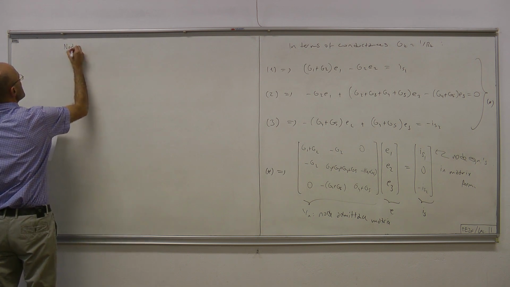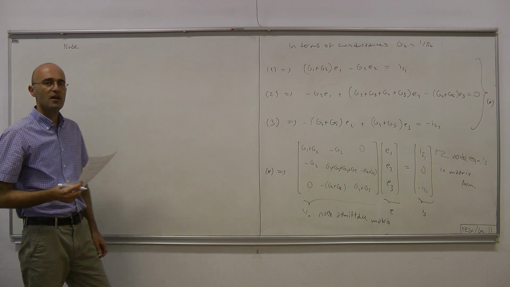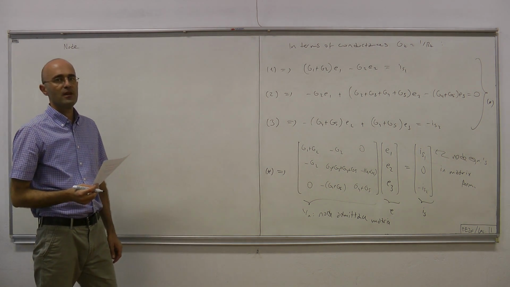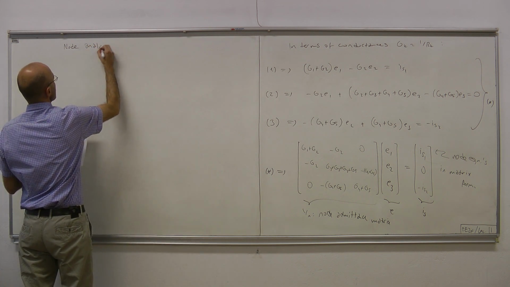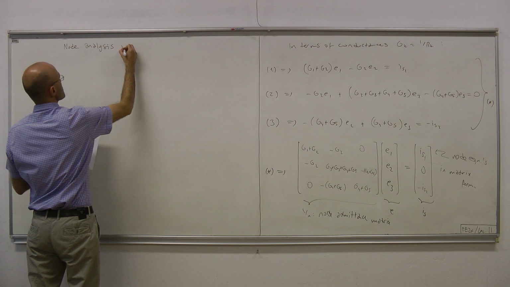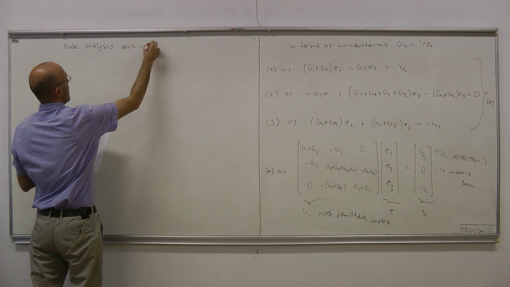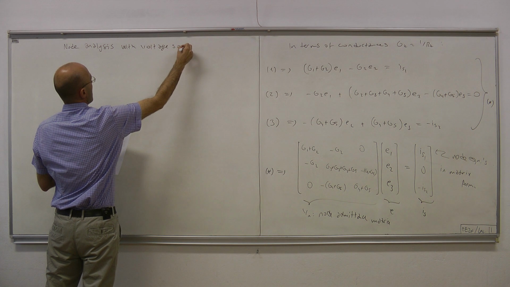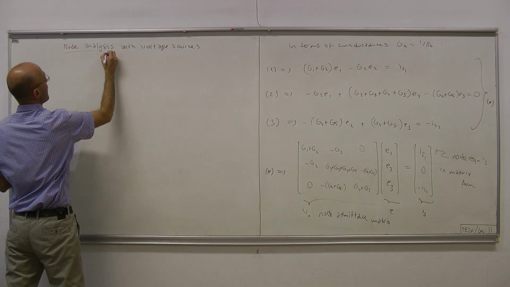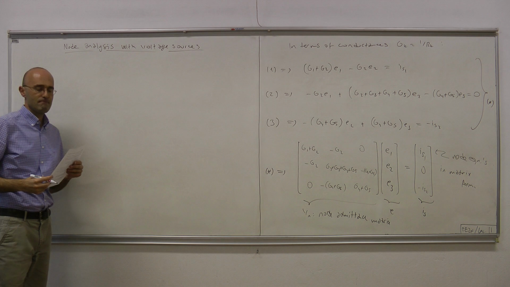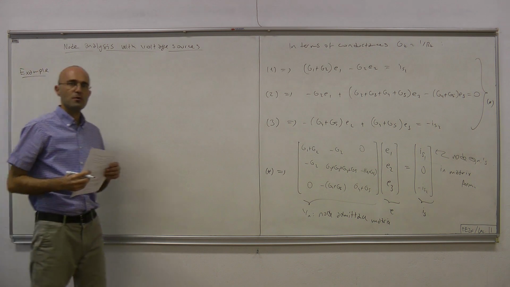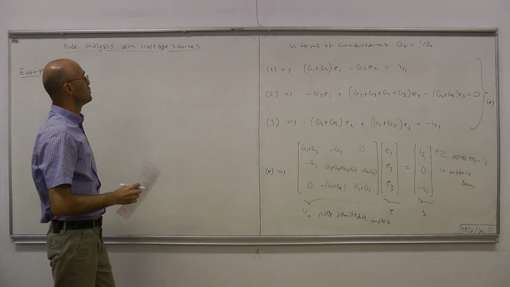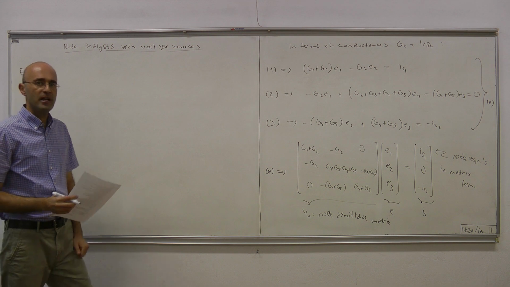Okay, so let's see how we treat voltage sources when we try to formulate a circuit in terms of node voltages. Node analysis with voltage sources. Okay, here is an example where a voltage source seems to cause a problem, but it doesn't cause any problem at all.